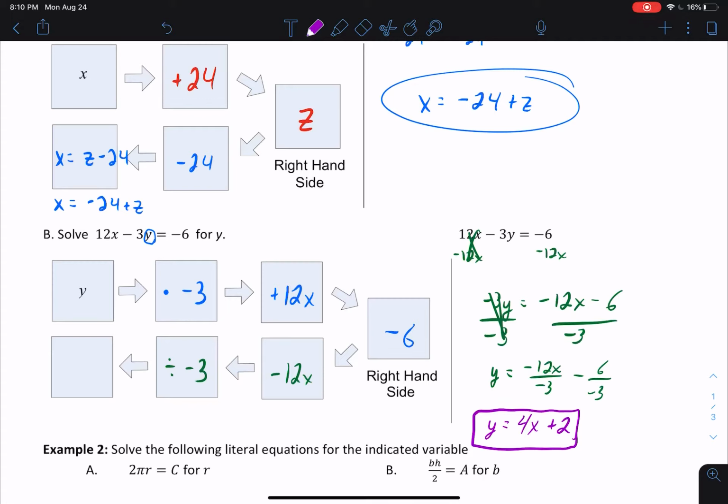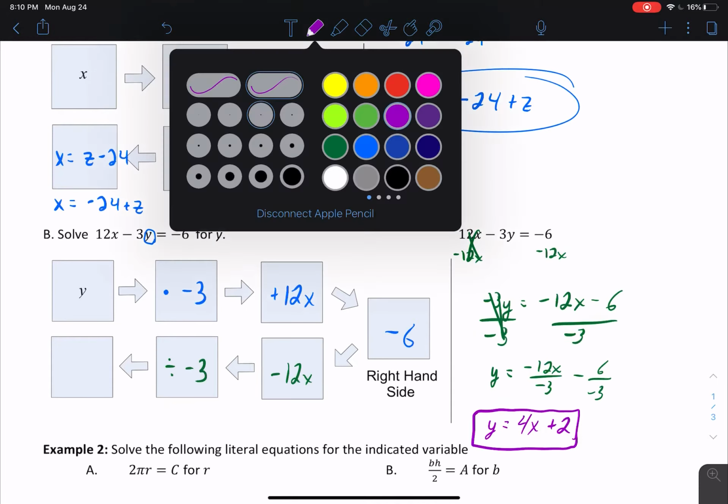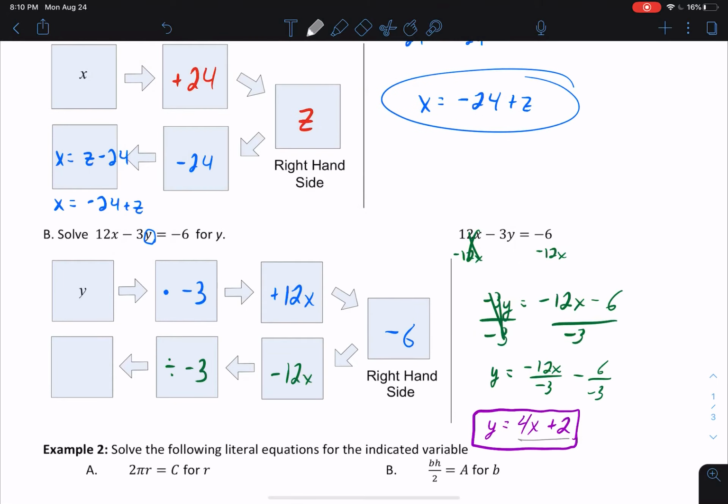Okay? A quick way for you to check this, you can check it just like you would any other linear equation. So every time I see a y, I'm going to substitute in now 4x plus 2. So I'm going to put that off to the side here. I've got 12x minus 3, but instead of y, I'm going to substitute 4x plus 2 equals -6.